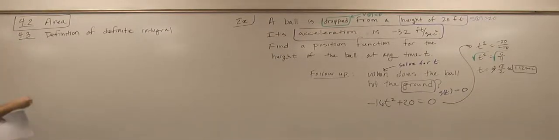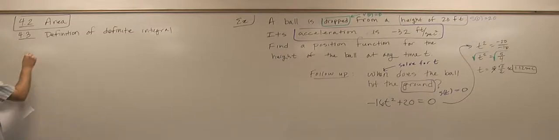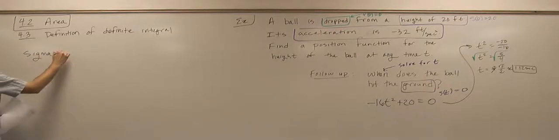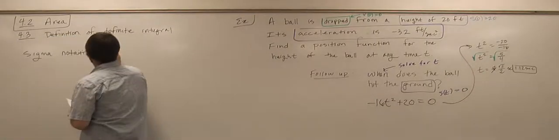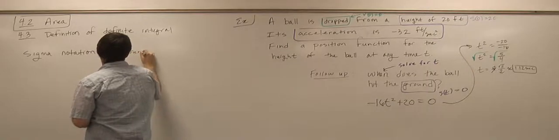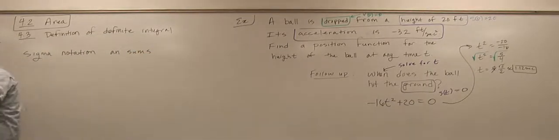In order to really talk about area, I have to talk about something called sigma notation, which you may have seen before and you may not have. We're going to be adding up a lot of numbers, right?